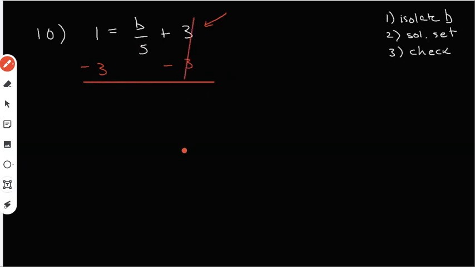So the 3 and the negative 3 are going to cancel each other out because 3 minus 3 is just going to give me 0. And I can ignore that for now. I bring down the b over 5. And it's going to be equal to whatever I get on the left side. 1 minus 3, that's going to give us negative 2.